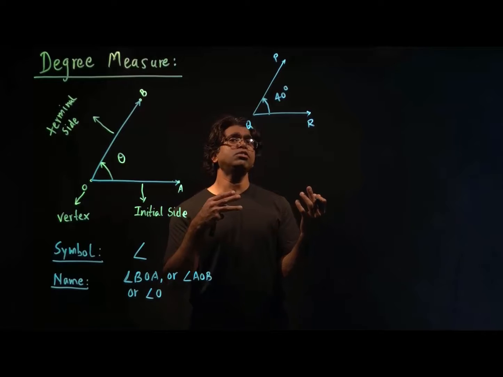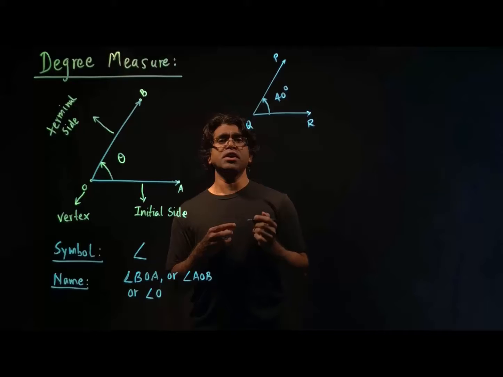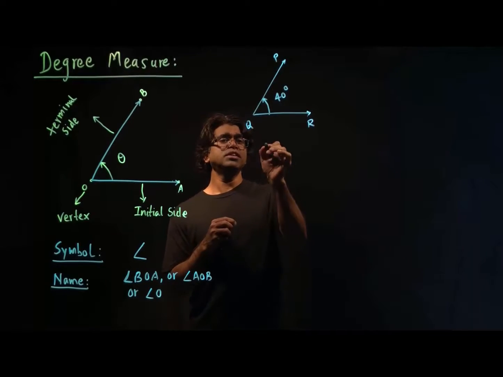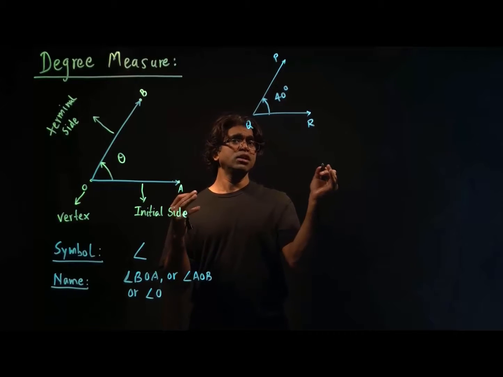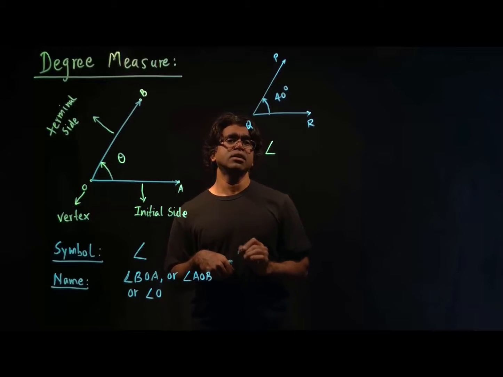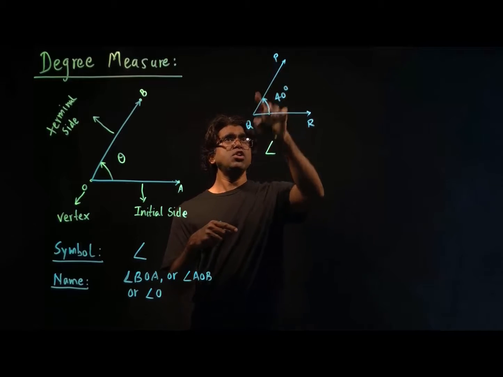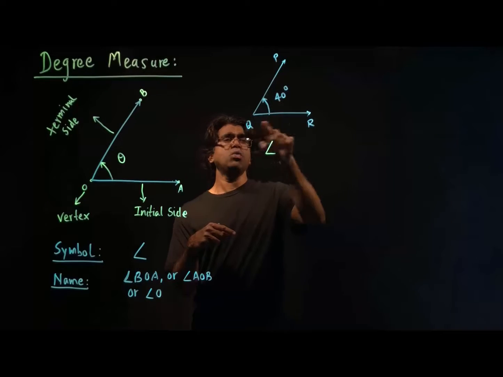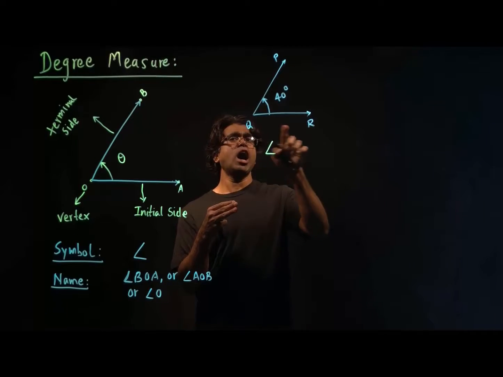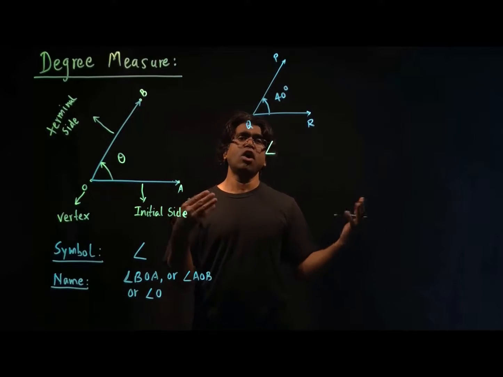But if I want to say that this angle PQR is 40 degrees, how do I do that? We will use the symbol that represents the angle, and I can pick any of the names. I can say PQR, or I can say angle Q, or I can also say angle RQP. And those are three different ways we can call the same angle.